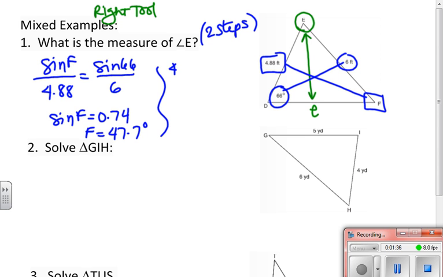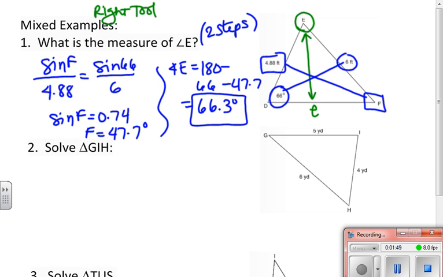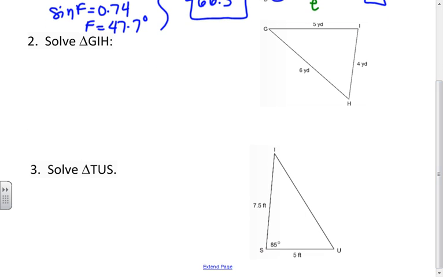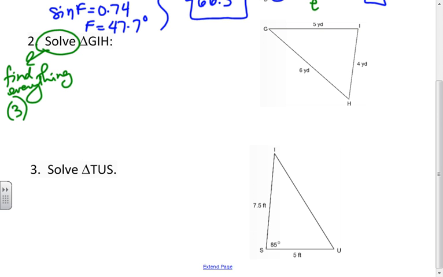So then angle E is equal to 180 minus 66 minus 47.7, which makes angle E a 66.3 degree angle.